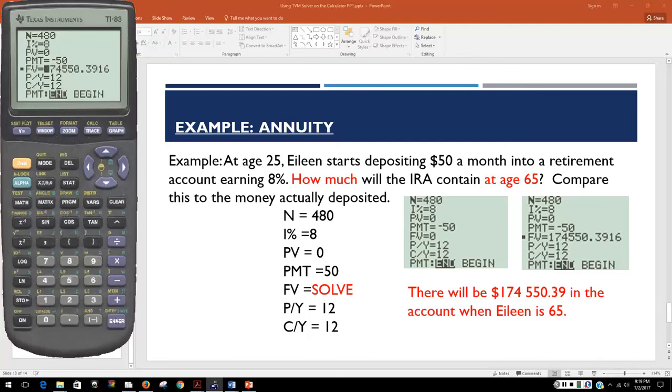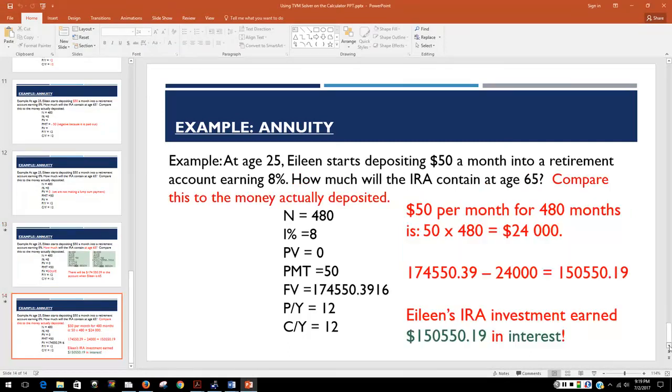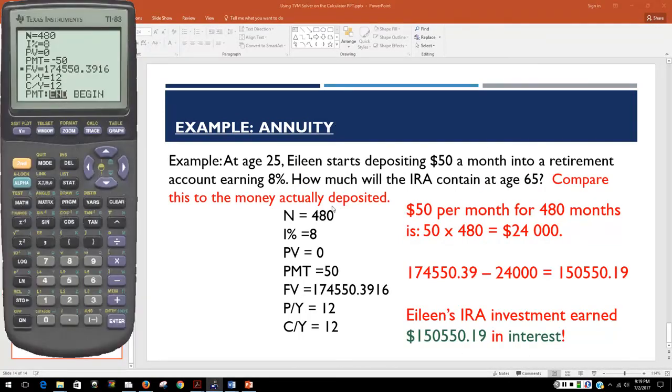So that's, you know, a pretty good bit of money to have to retire on. You know, go Eileen, that's good. She's got some money to back her up for retirement. Now, one more step, it says, how much of that money did she actually deposit? Well, she actually deposited $50 a month for 480 months.